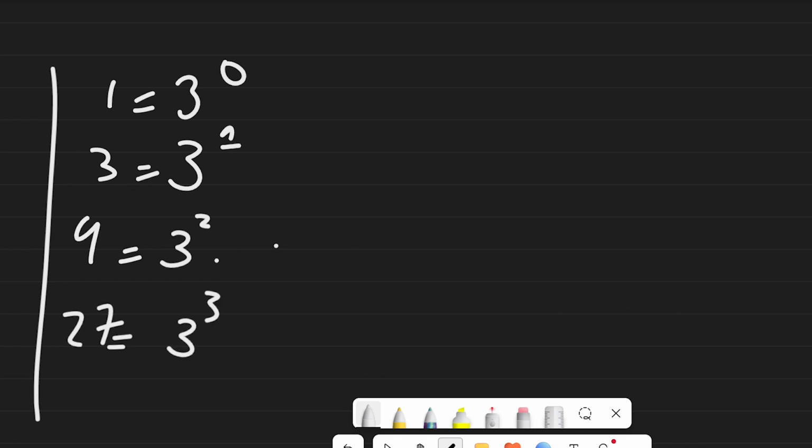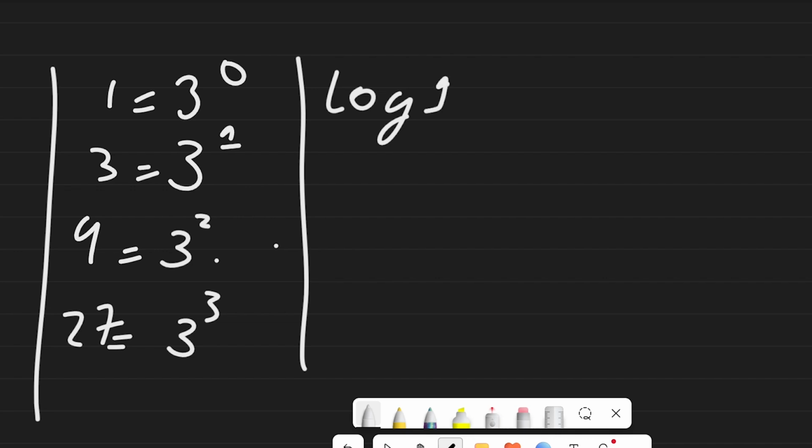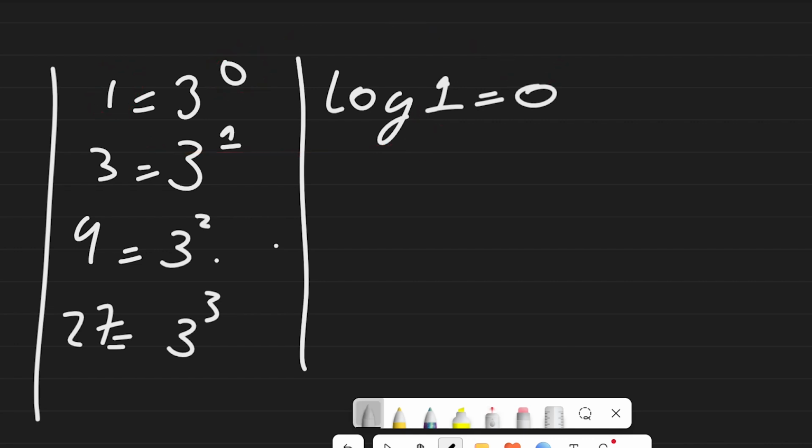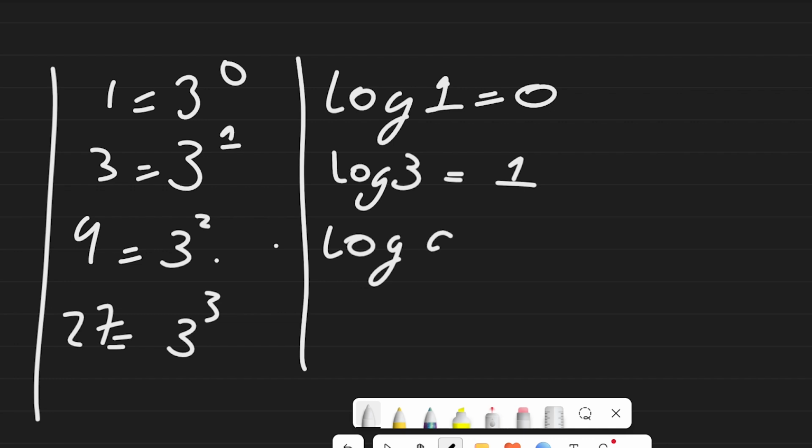The 1 would become the power 0, so that 1 comes over here, and that 0 becomes the answer. Then we have log of 3 is equal to 1, log of 9 is equal to 2, log of 27 is equal to 3. I know it might not be how you write it on your calculators, but just stick with me for a bit and you'll understand what I am doing.